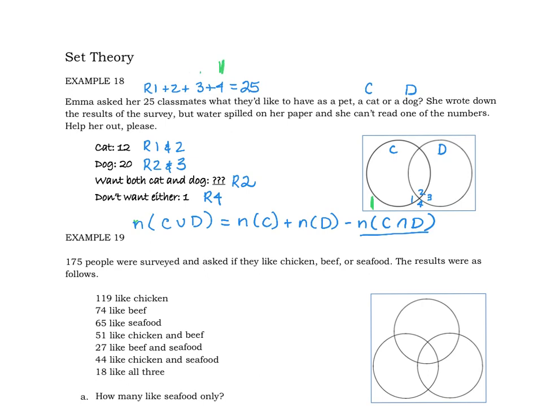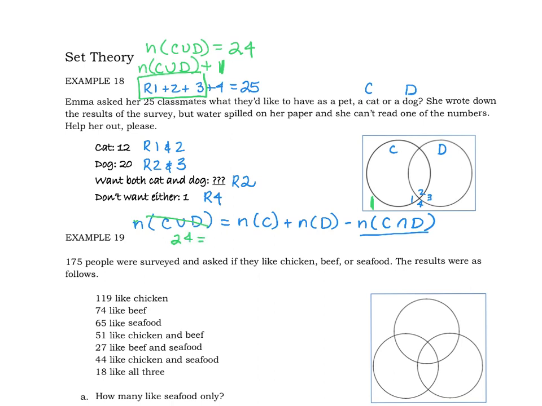And the rest of this would give us the cardinality of the union of sets C and D. So if I subtract 1 from the 25, that gives me the cardinality of the union of C and D. Region 4 had a cardinality of 1. Anything left over would have the cardinality of 24. So this is 24.